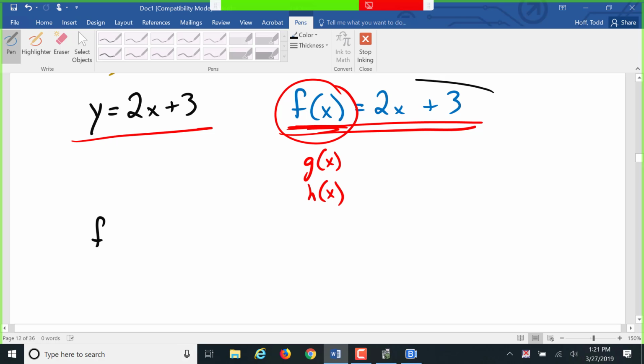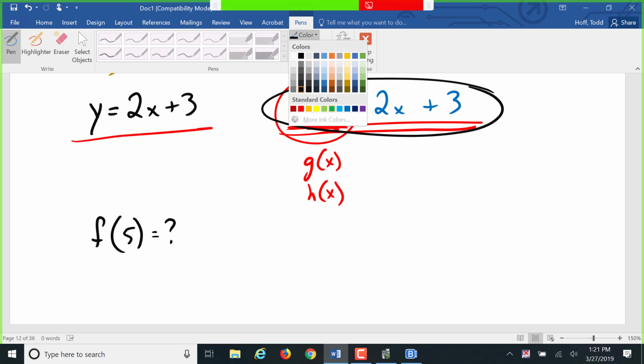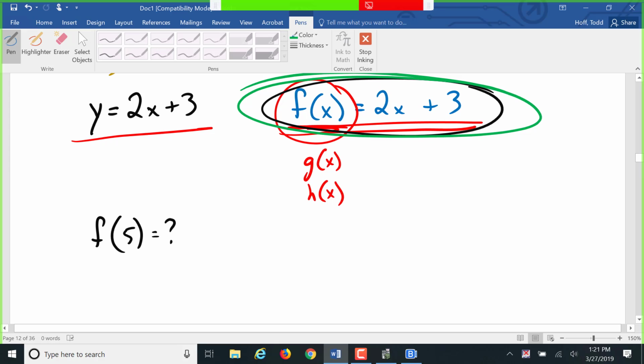If f of x is 2x plus 3, we might ask, what's f of 5? What that's asking us to do is to evaluate this function up here, replacing x with 5.